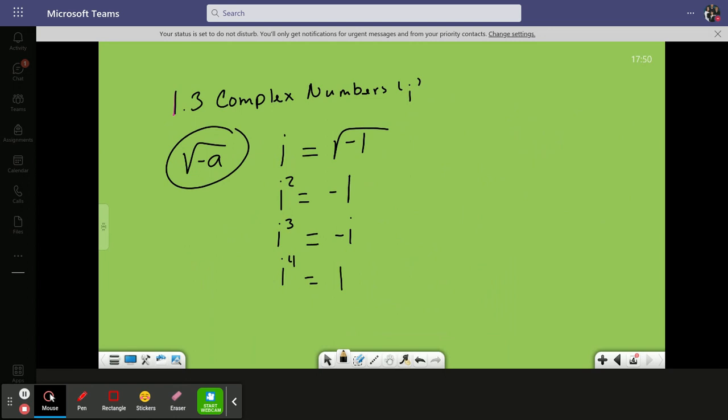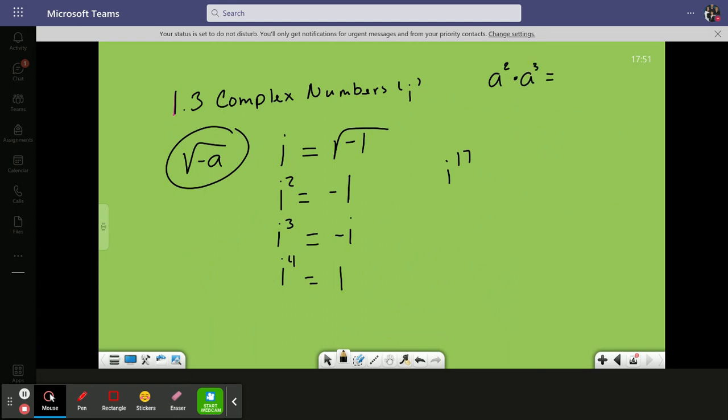I'm going to ask you a question like, what would i to the 17th power be? What would that equal? Well, you're going to use those properties of exponents. Do you remember when you were doing a to the second times a to the third?